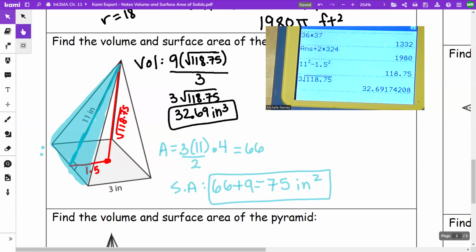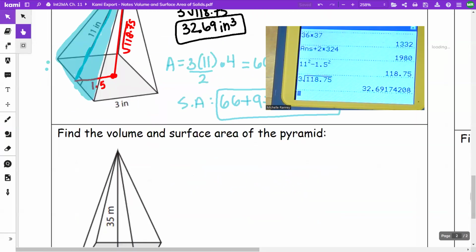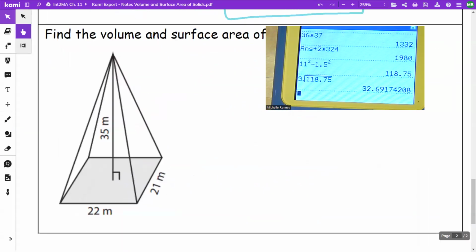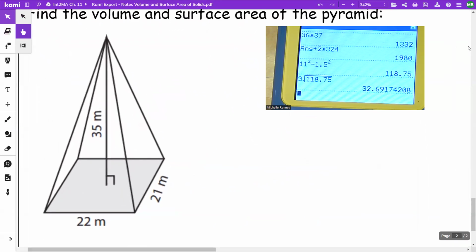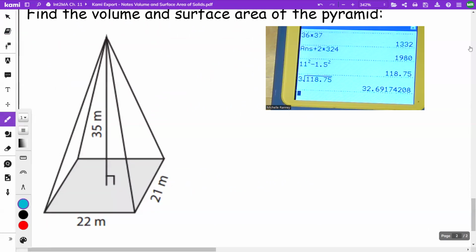On the next one, it's a little harder, a little more work because this one is a rectangular pyramid. For the volume, that's going to be our easy part.